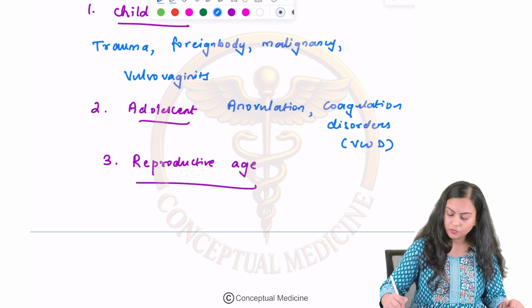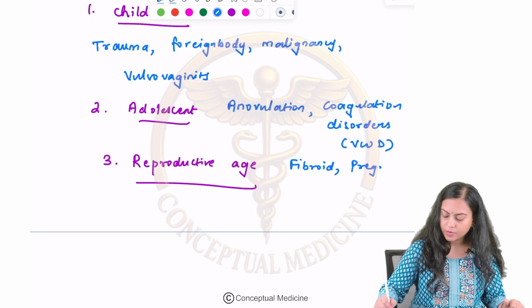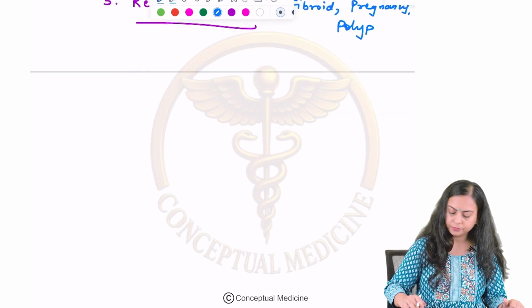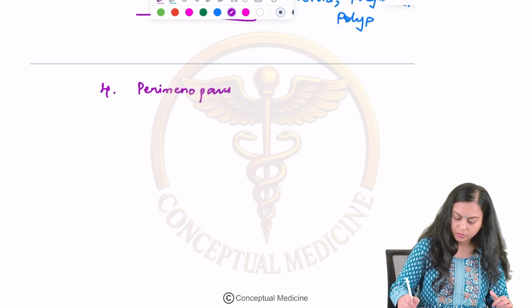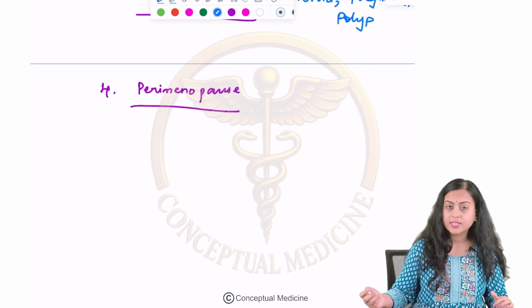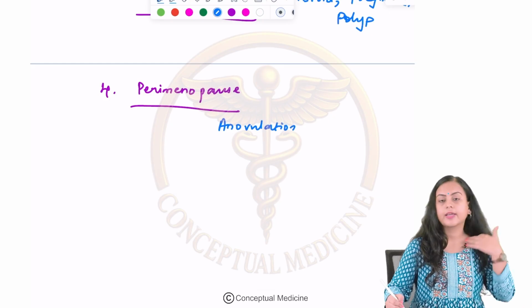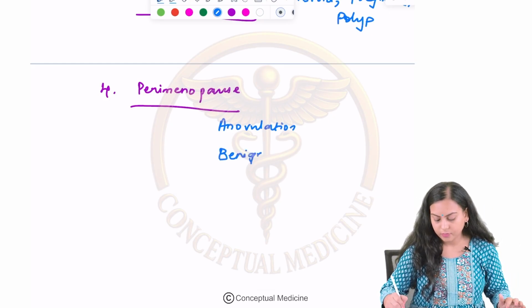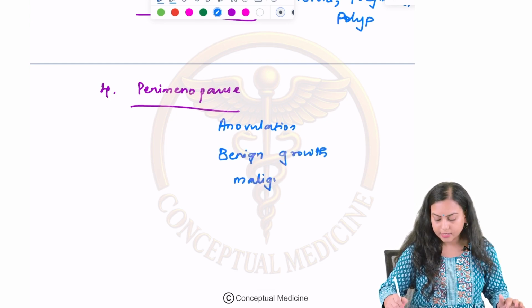There can be chances of fibroid, pregnancy, or polyp. And during perimenopause, there can be chances of anovulation again, or any benign growth, or even malignancy.